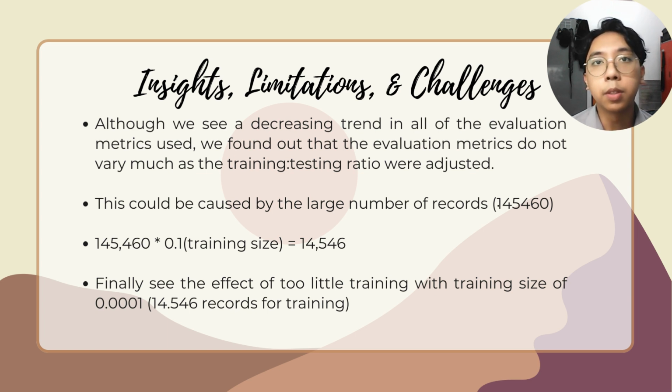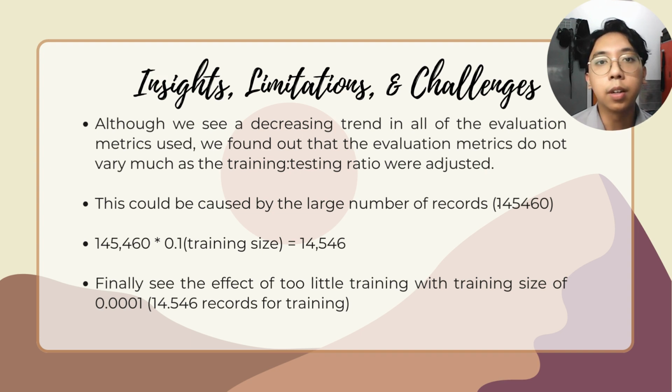When we split it 10/90, where 10 is the training set and 90 is the testing set, 10% of the total amount of records is still 14,546. This is still a very large number of records, which might even be much bigger than some of the total data sets out there.